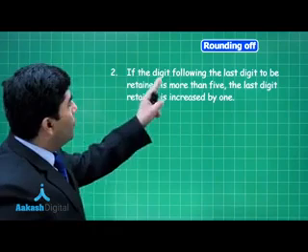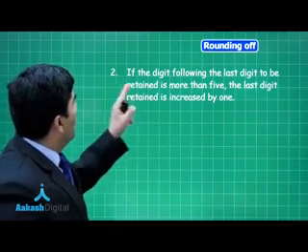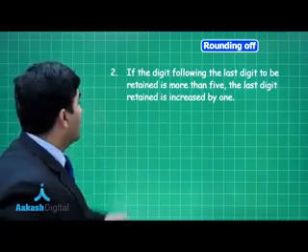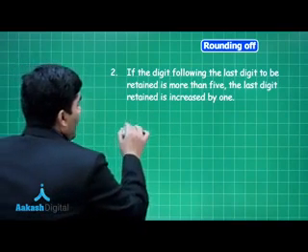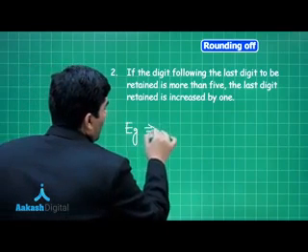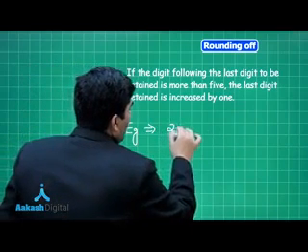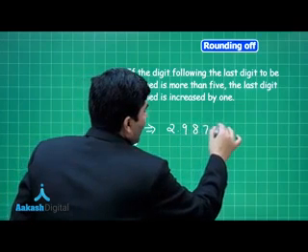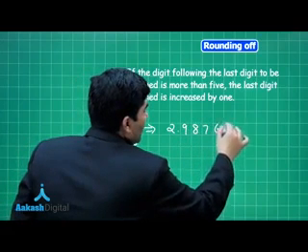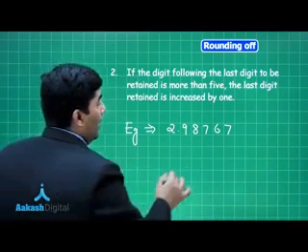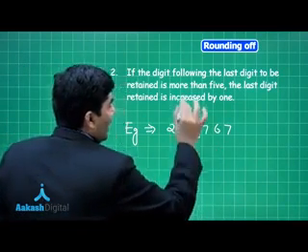If the digit following the last digit to be retained is more than 5, means, for example, if it is 2.98767, suppose I want to retain 8.